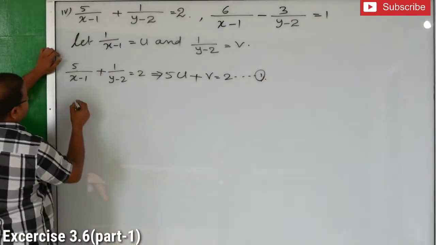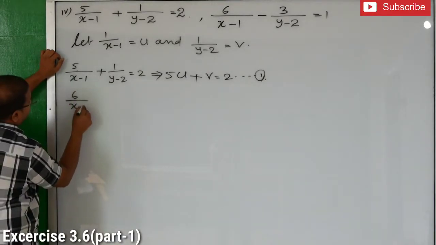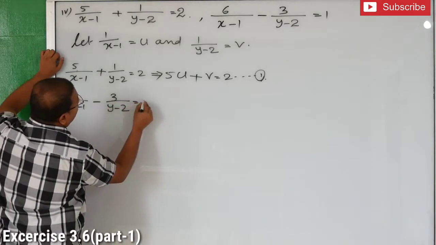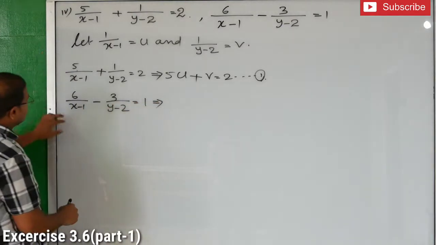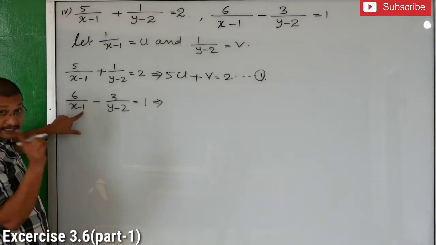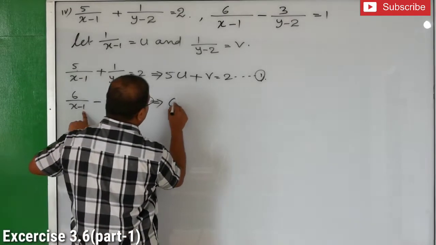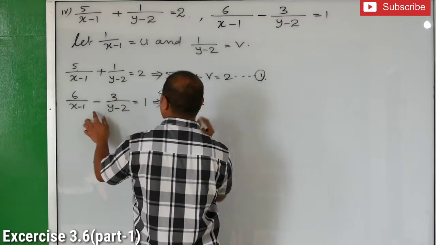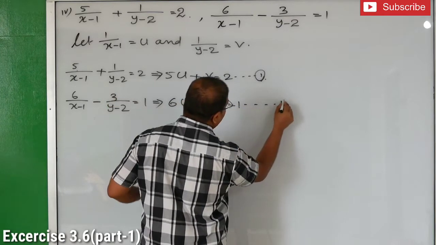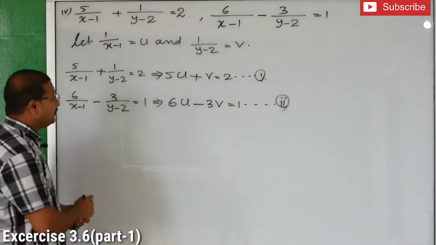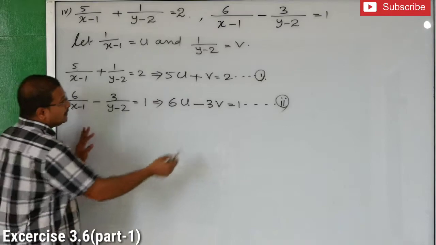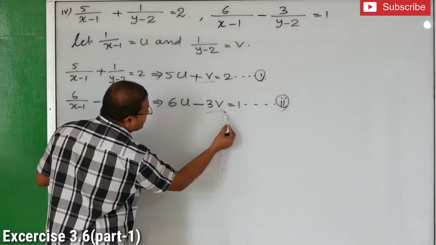After that, second one, what you will do? 6 by x minus 1 minus 3 by y minus 2 equals 1 implies, see, 6, 1 by x minus 1 is u. That means 6u. What is the sign here? Minus 3. What do you write? 3v equals 1. This is equation number 2. Ready? Now what you will do? See, we will make equating the coefficients. That means here is v, here is minus 3v.